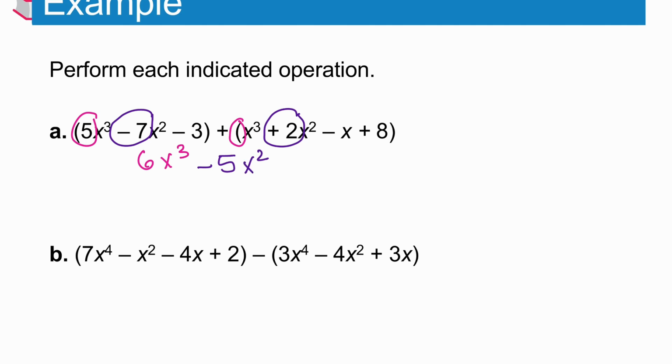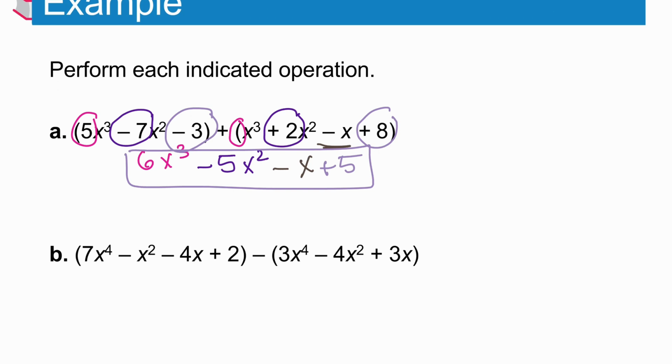And then for the x, we would just have the minus x because it's the only term like that. And then for the constant, we would have negative 3 plus 8, and so that's going to give us plus 5. So that's how we would combine these like terms.